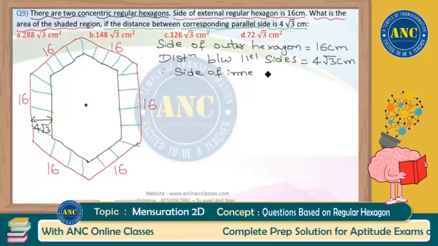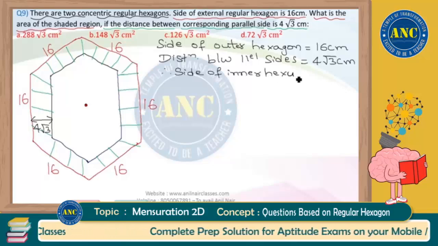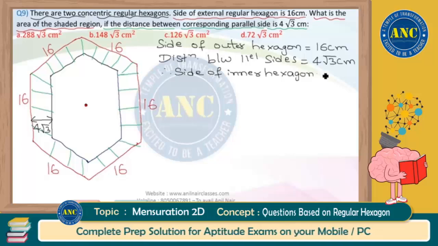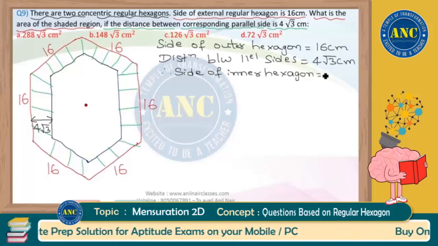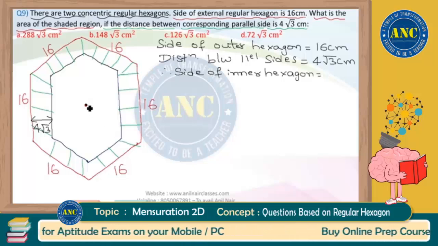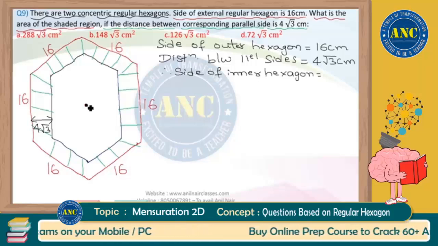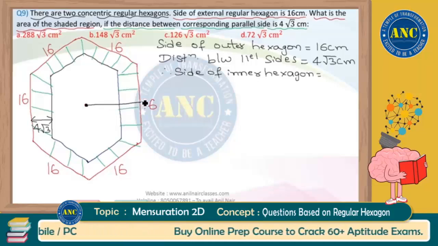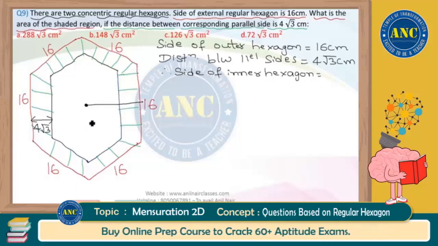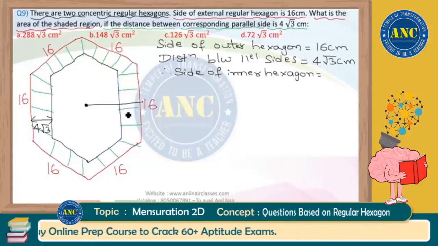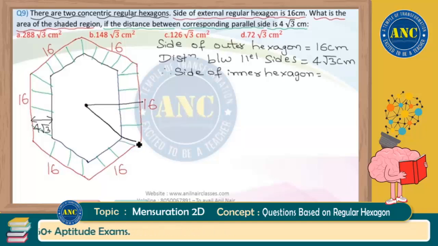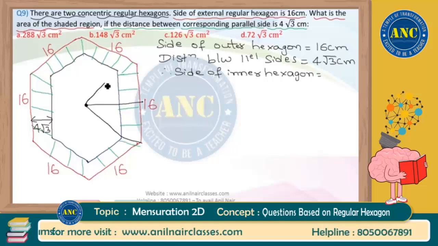Now see here, let us understand and then realize the side of the inner regular hexagon. Let us not write it directly. How to find it? Can I say that this is the center of both the hexagons? So this particular entire value is 16. Out of that, suppose if I draw lines like this, which is joining these 2 points also, right? Because they are regular hexagons, this entire angle is 60 degrees.